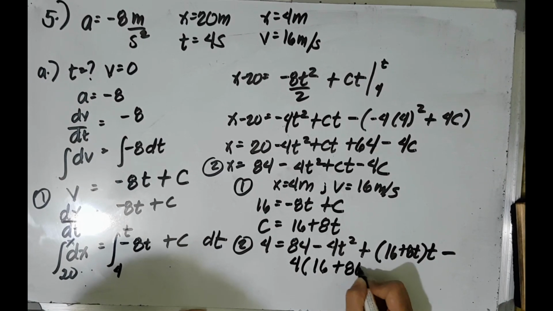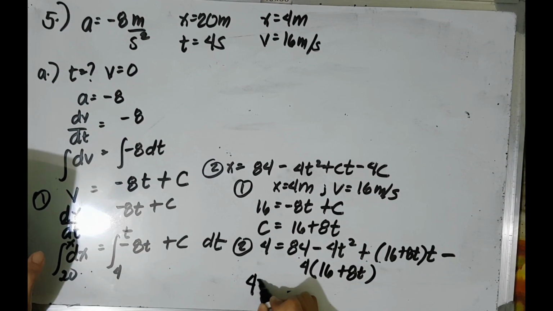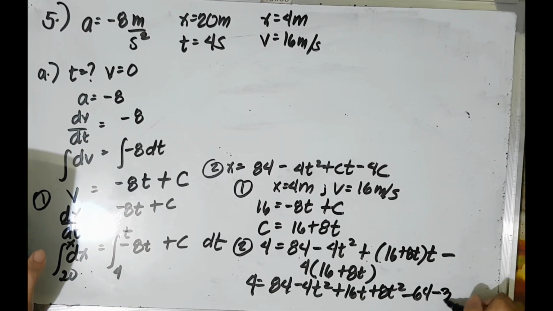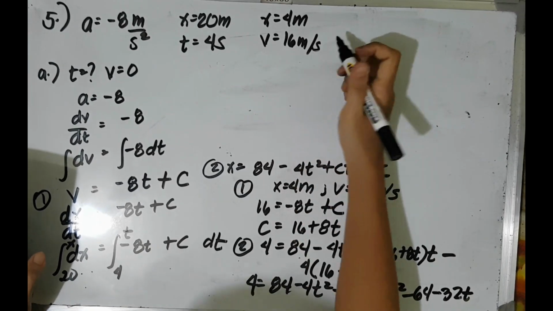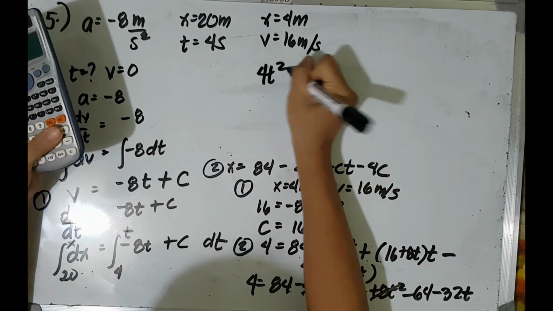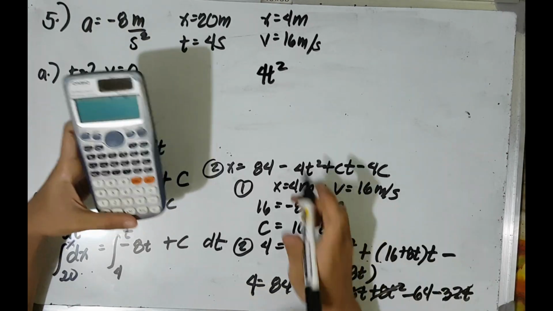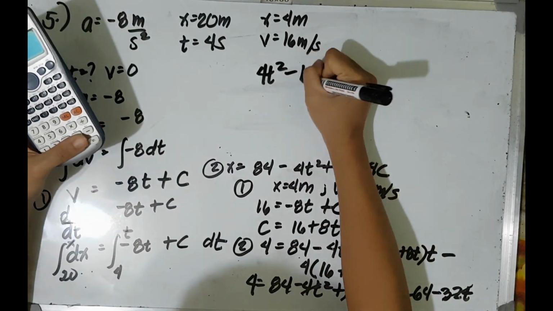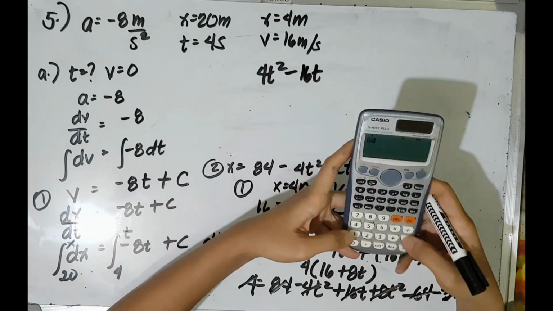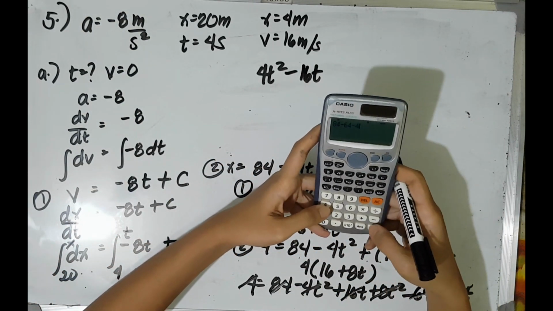So, simplifying it, rewriting it in a simpler way, negative 4t squared plus 16t, then 32 minus 16t, and then 84 minus 64 plus 16 is equal to 0.